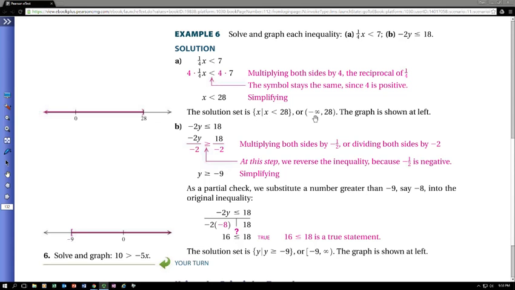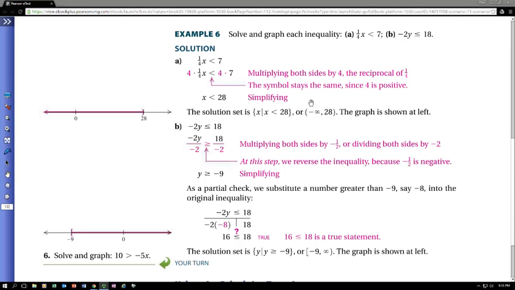Or interval notation: I have a rounded parenthesis at negative infinity, which doesn't really include it, since I don't have an endpoint at infinity, and then a rounded parenthesis at 28. That's why I like graphing first. It shows the interval a little more easily.